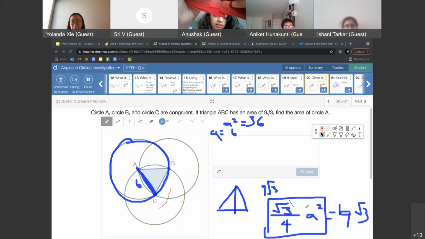So then we just use that to find a, and a is the side length of the equilateral triangle, which is also the radius of the larger circles. So then that's how we found 6. And great job, you guys are correct. The answer is 36 pi.